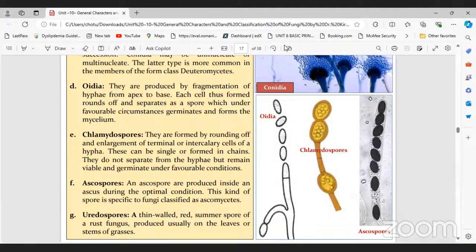Occasionally, chlamydospores may be formed from cells of other kinds of spores, but the best example is Fusarium, where chlamydospores are formed on the macroconidia. In the formation of chlamydospores, the cell rounds off, usually enlarges and develops a thick, often colored wall. The cytoplasm becomes dense with enough reserve food for consumption during unfavorable environmental conditions.